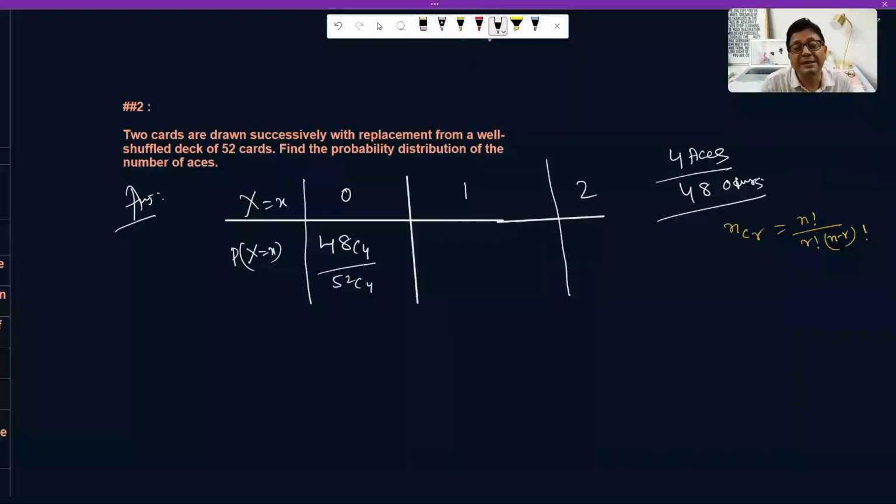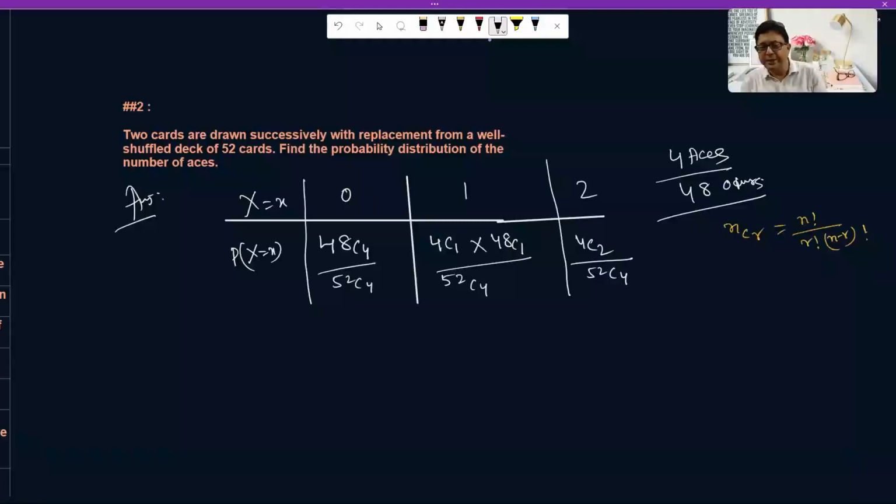What about the second case? There is 1 ace. It will be 4C1 and 1 from others, that is 48C1, divided by 52C4. And this one, both are aces, so it will be 4C2 divided by 52C4. Clear?